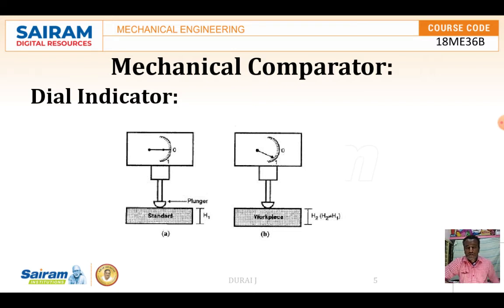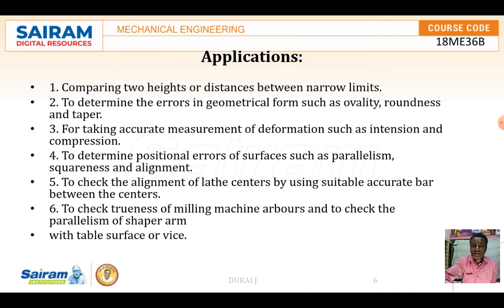If it exceeds the limit, it is not an acceptable component. So mainly the dial gauge applications will be many. It is used to check flatness, surface flatness, and also sizes like length, breadth, width, and also height of the component.